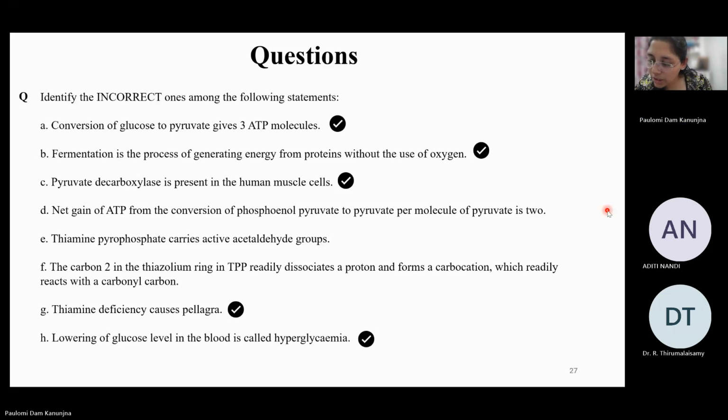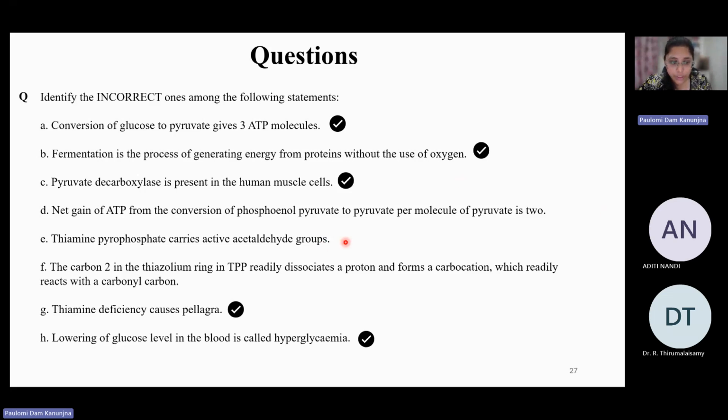F is carbocation. That's exactly what's written, right? Oh, wait. What did it say? The two in the thiazole dissociated protein forms a carbocation which readily reacts with. Okay. Yes. Right. I'm sorry.